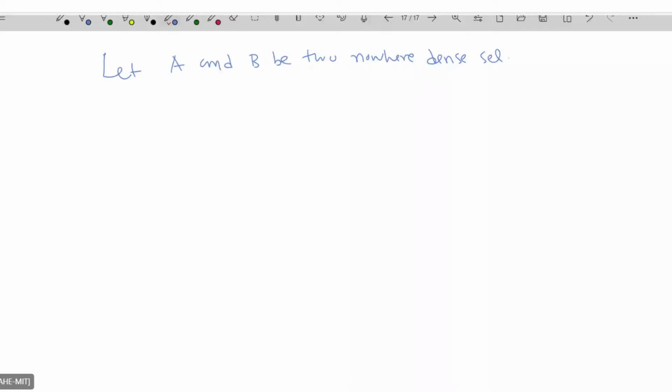Will A union B be nowhere dense? Will that be a nowhere dense set? It should be. Why?